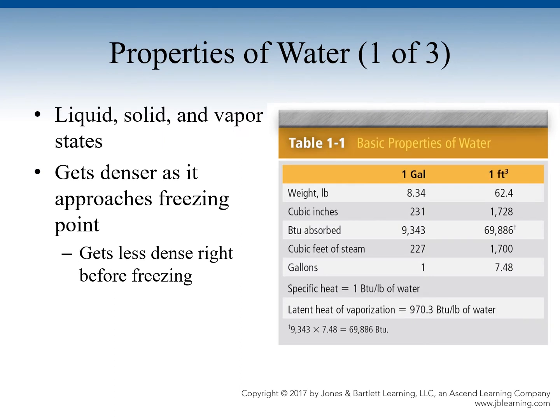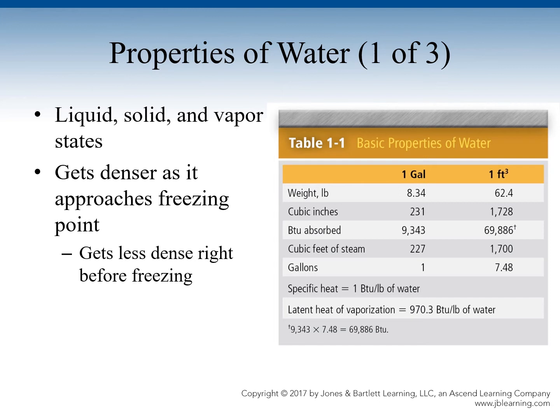The properties of water are that it can be found in a liquid state as well as a solid and a vapor state. Water gets denser as it approaches its freezing point, and then it will get less dense right before freezing.